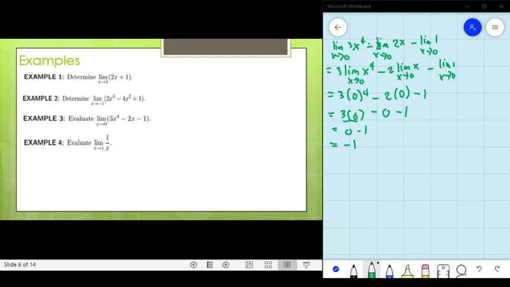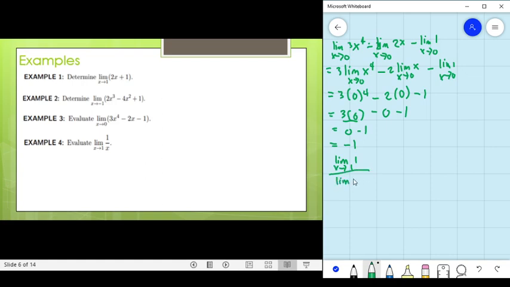The limit of 1 over x as x approaches 1 is similar to the limit of 1 as x approaches 1 all over the limit of x as x approaches 1.